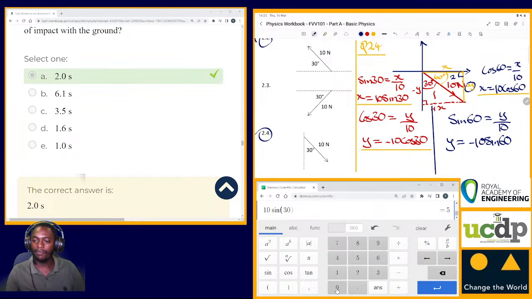Okay, now if you punch in your calculator, 10 cos 30 and 10 sine 60 are all the same.